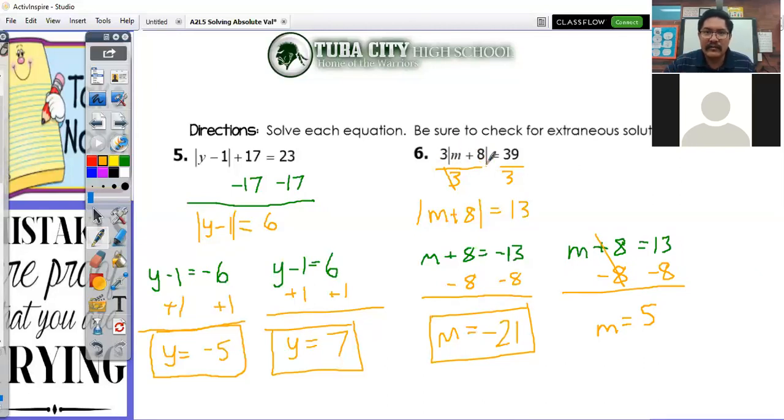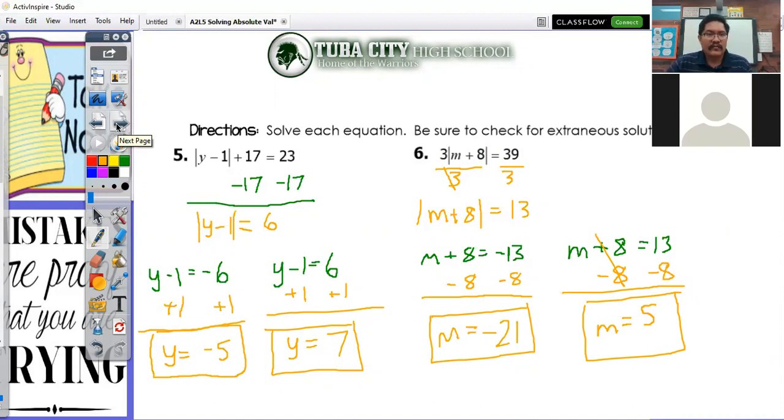And again, it's a grouping symbol, like a parenthesis, so you multiply when you have that there. So it's going to be 3 times 13, which is 39. So this does work out. So that is a working solution. All right, making pretty good time.